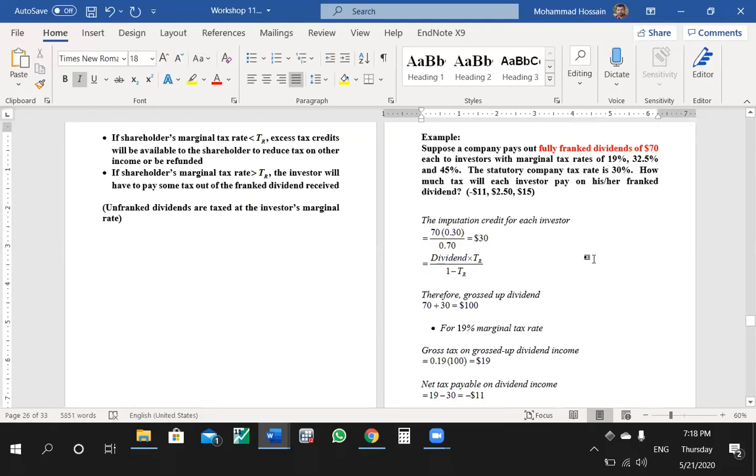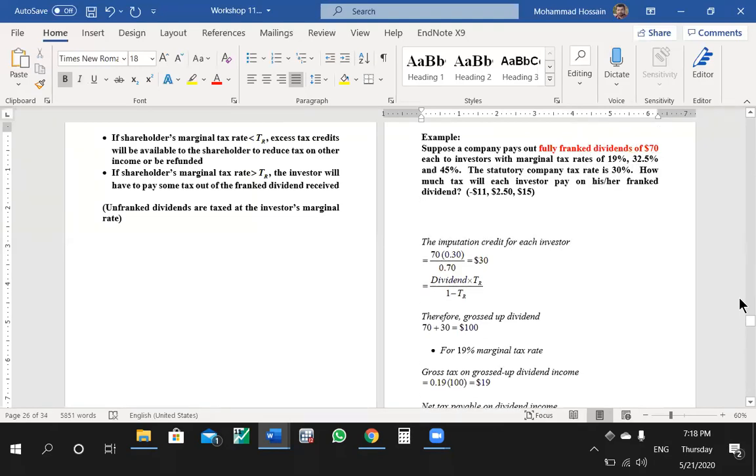So how much was the total tax? That's how they calculate these things. You can say here, gross dividend.